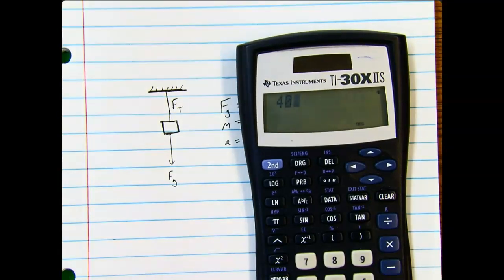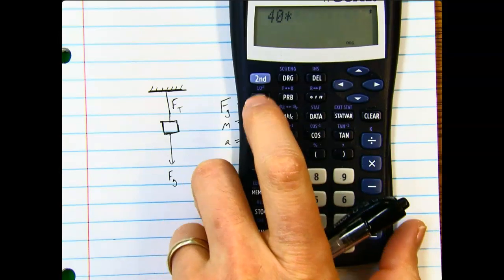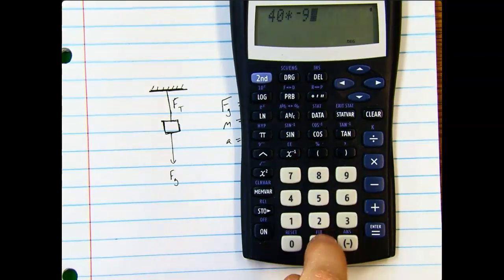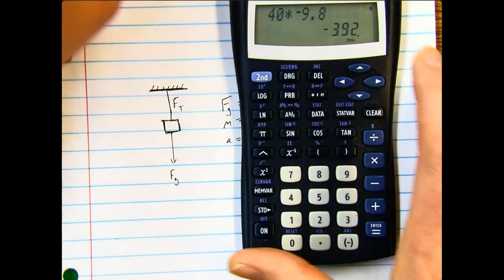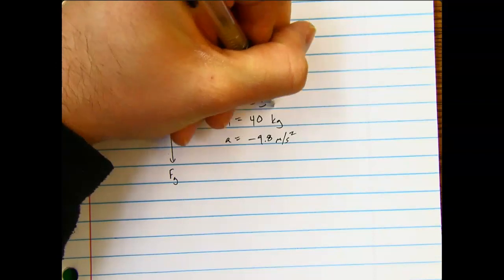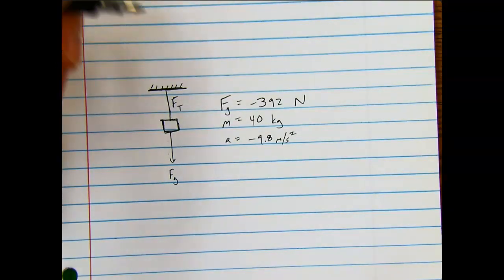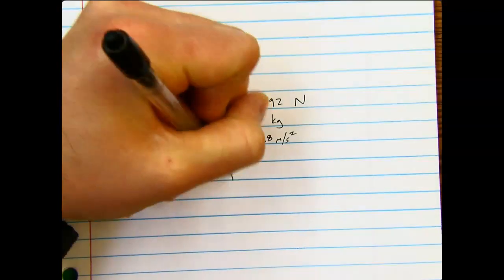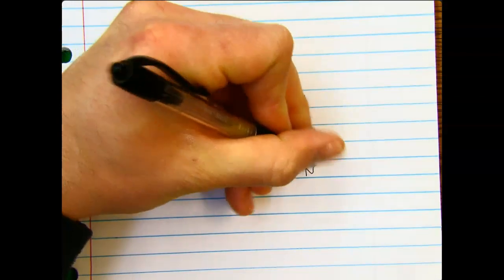We do 40 times negative 9.8, and we get negative 392. So this is negative 392 newtons. And so the force of tension, which is equal and opposite, should be 392 newtons.